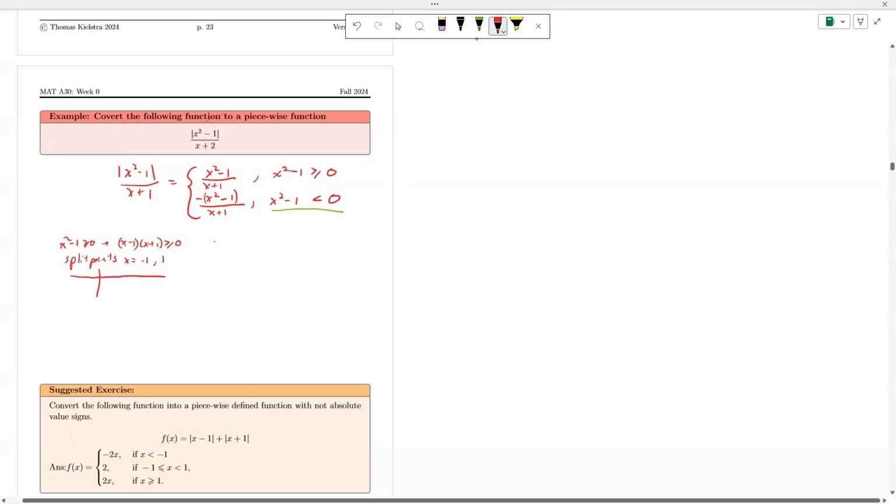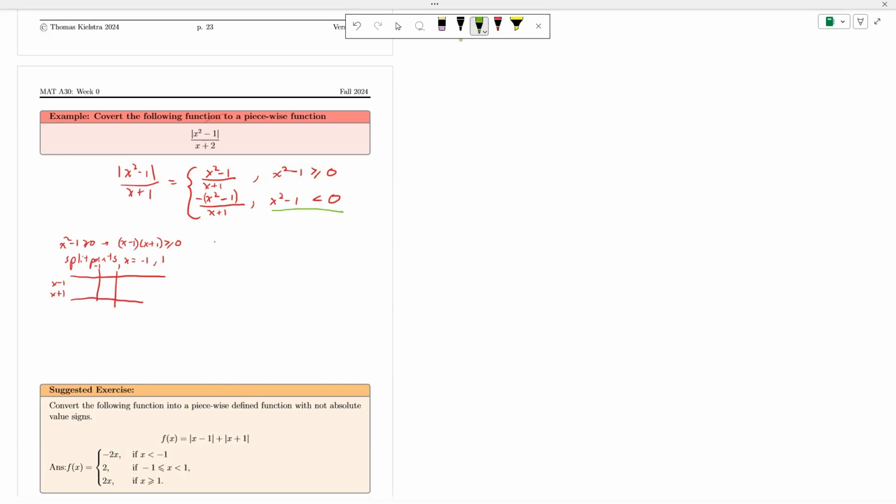I draw my sign chart. I've got minus 1, 1, x minus 1, x plus 1. And now I'm going to complete the sign chart. Note that at minus 1 and at 1, I'm equal to 0. Positive, negative, negative, positive, positive, negative. I'm going to be positive, negative, positive. So my expression is greater than or equal to 0 when x is in minus infinity to minus 1 inclusive, union 1 to infinity.